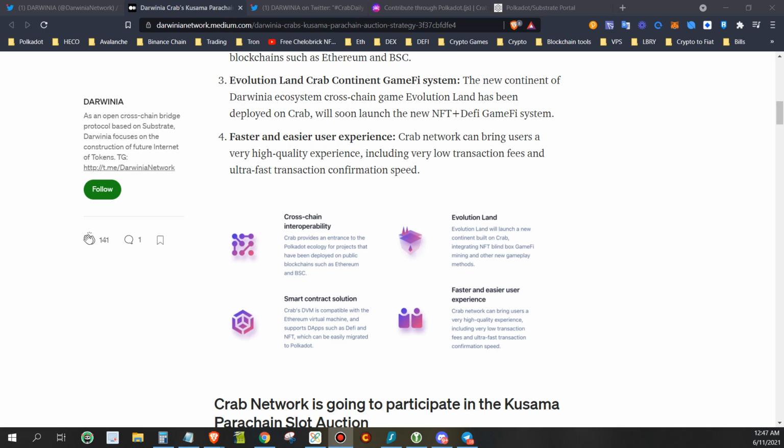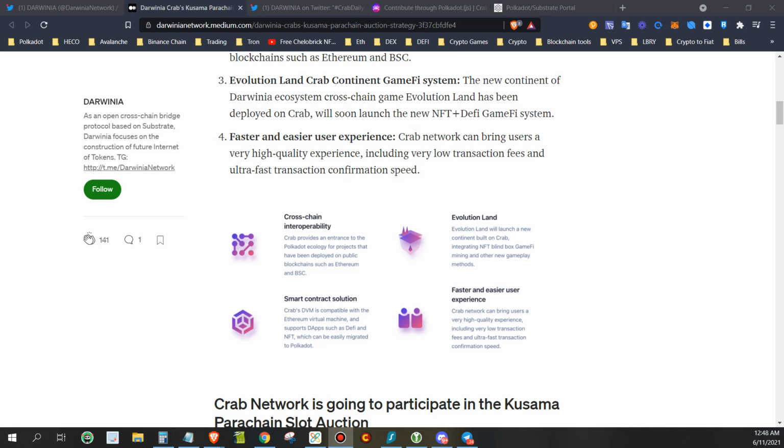Faster and easier user experience: very low transaction fees and ultra fast transaction confirmation speed. So this allows us to turn previously existing virtual machines on Ethereum into Darwinia Network's virtual machines. So it's an easy transition.